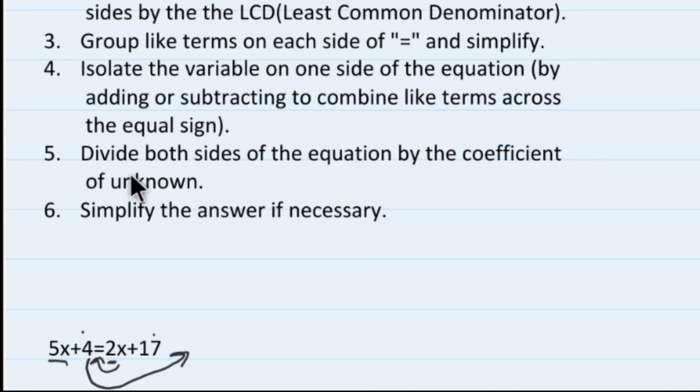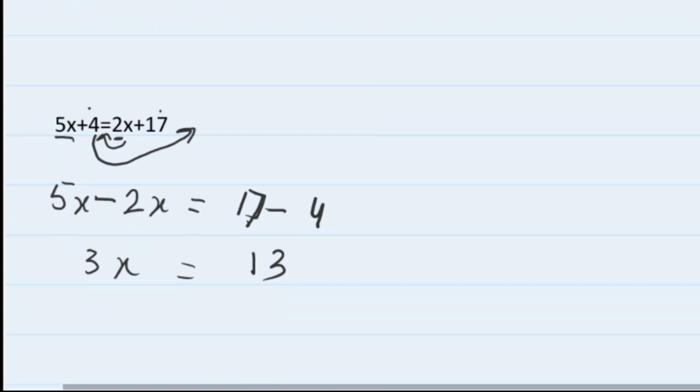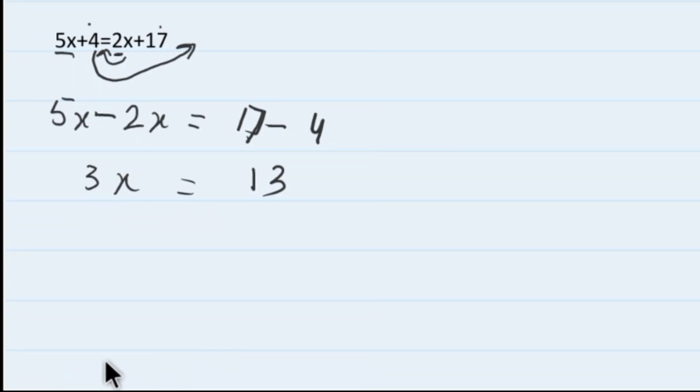The next step says divide both sides of the equation by the coefficient of the unknown.